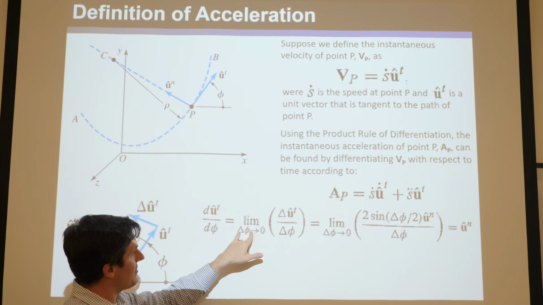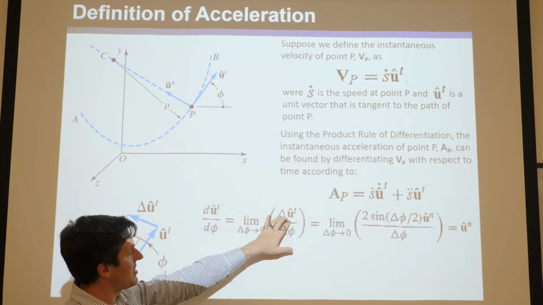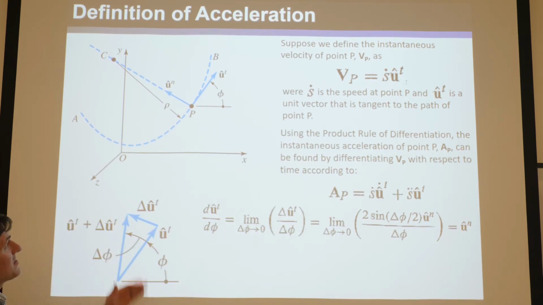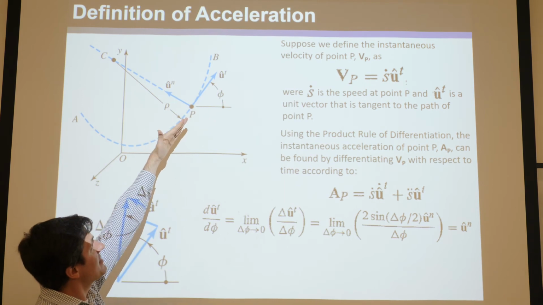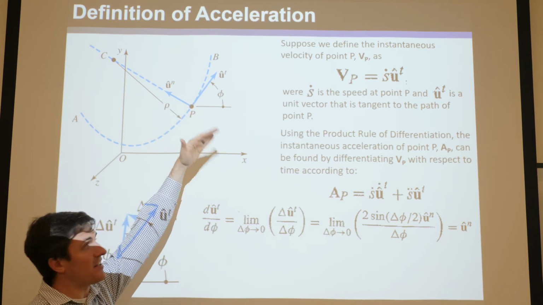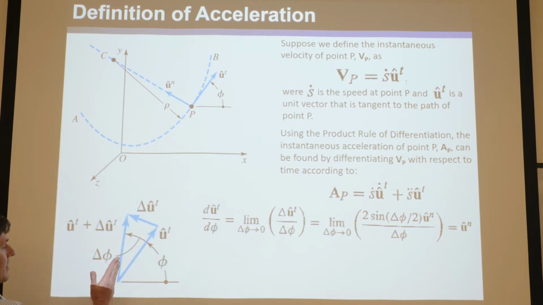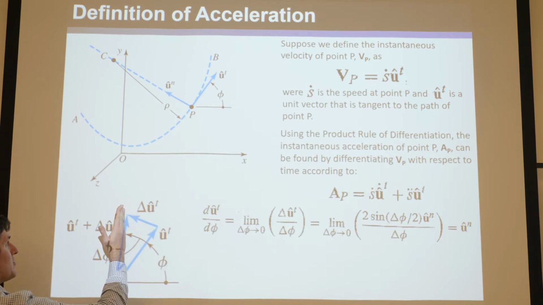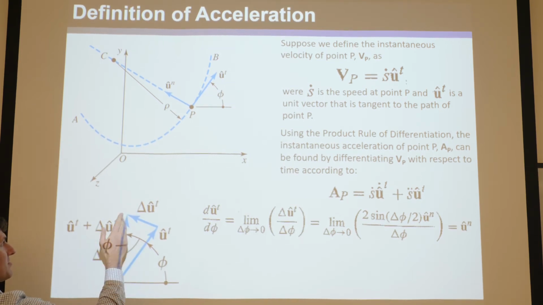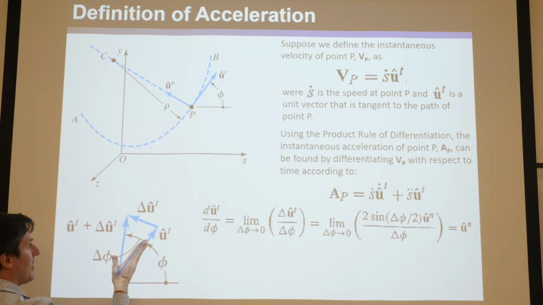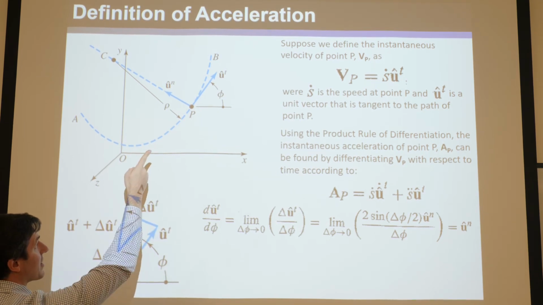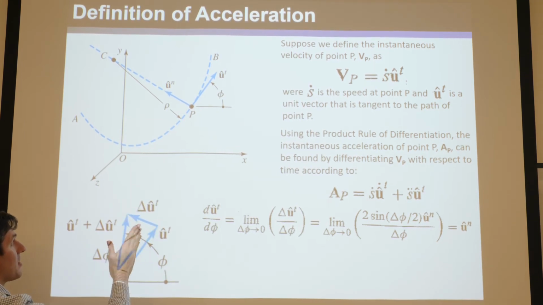If you don't have this be approaching 0, then you have just the delta u hat. So you can imagine from one instant to the next, if it was a finite delta t, the final ut, ut plus delta ut, would be in a different direction, and the initial ut would be in the direction you see there.